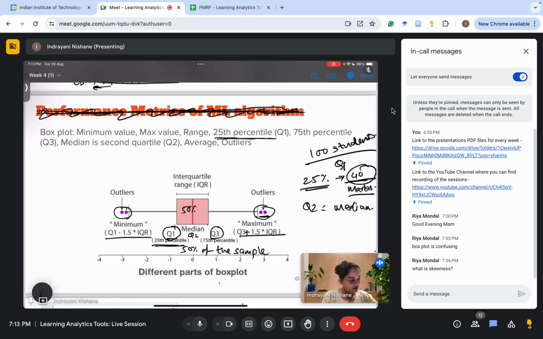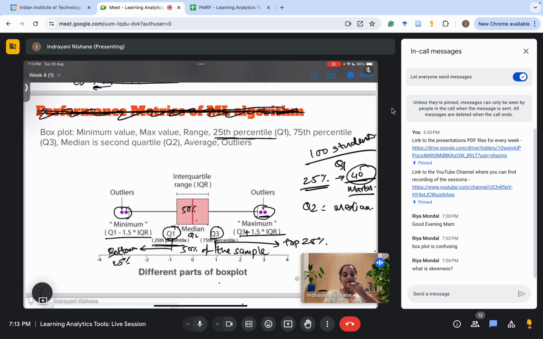So below here is all the bottom 25% of the sample, and after Q3 are the top 25%, and in between Q1 and Q3 lies the 50% of the sample. So this also gives us the distribution of our data points across the range.